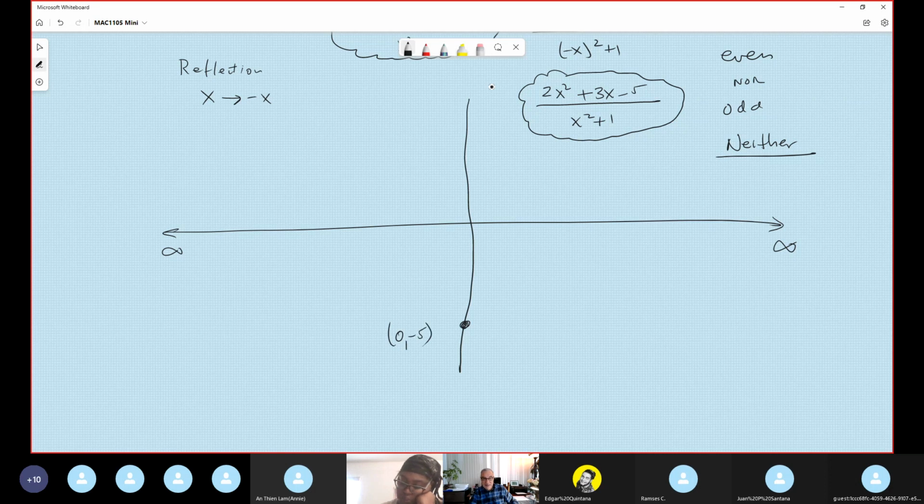We also have the x-intercepts. We have 2.5, it's here between 2 and 3. This point is 2.5, 0, it's an x-intercept. And also we have another here, -1, 0.